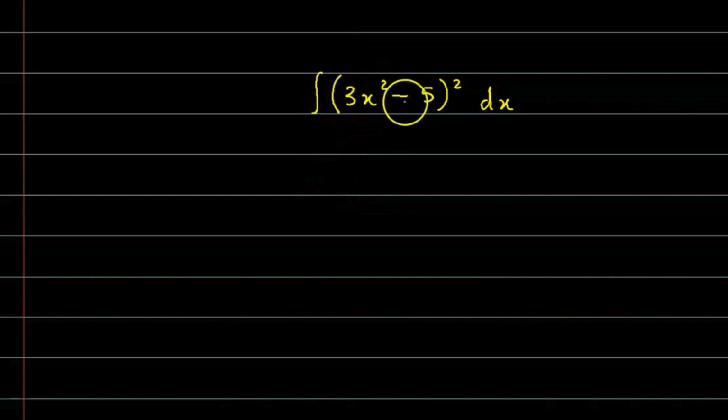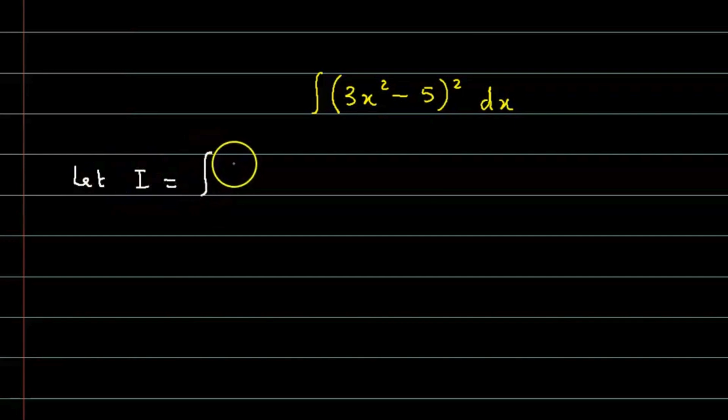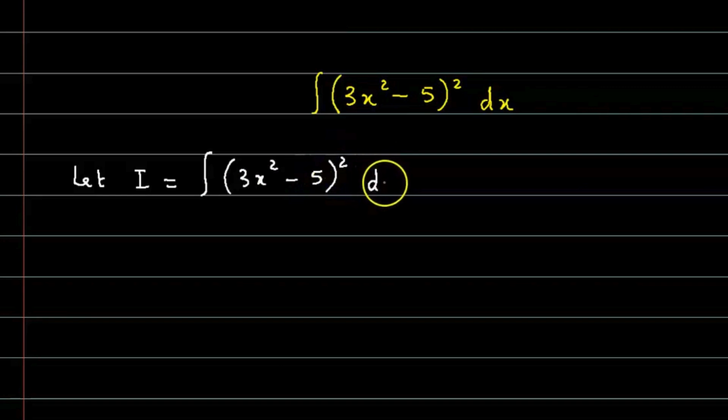Integrate (3x square minus 5) the whole square with respect to x. So let I be equal to integration of (3x square minus 5) the whole square.